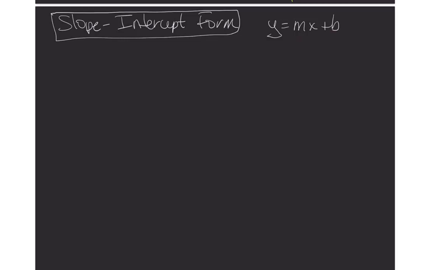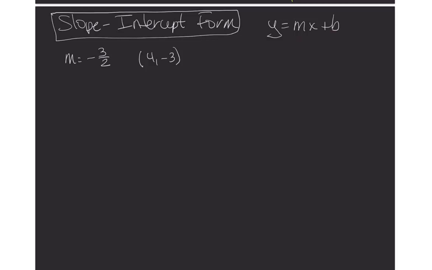So if we take our little problem, that last problem, where we found out that the slope was -3/2, and it went through the point 4, -3, okay?